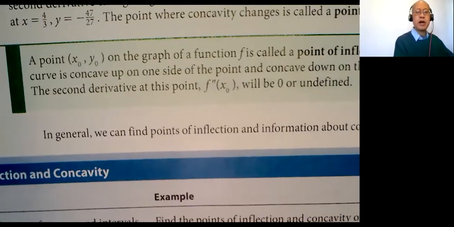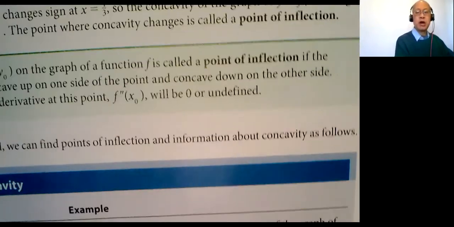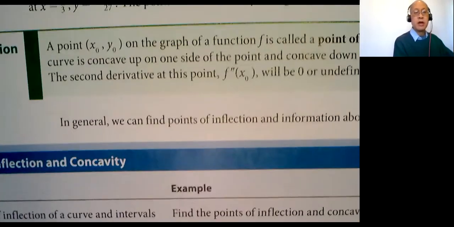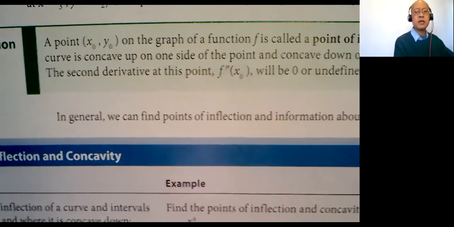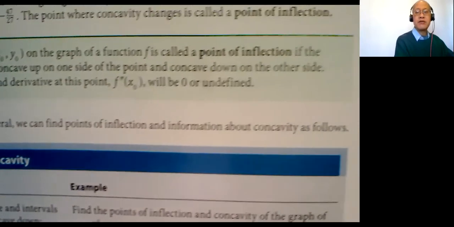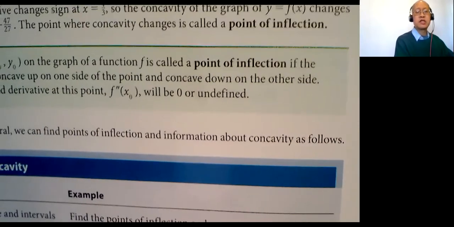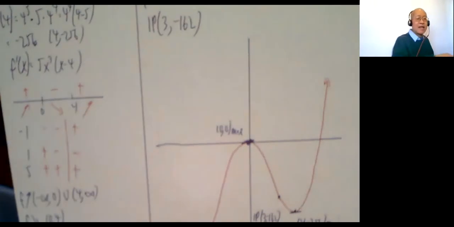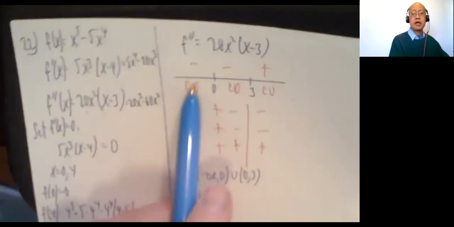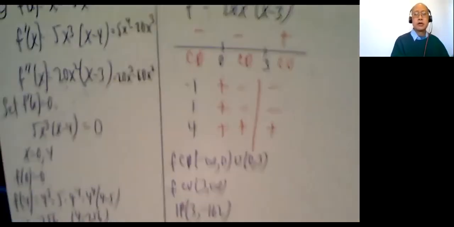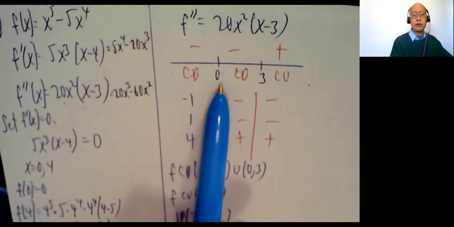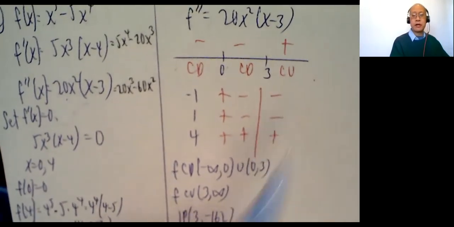A point x0, y0 on a graph is called a point of inflection or inflection point if the curve is concave up on one side and concave down on the other side. So it switches from concave up to concave down or vice versa. That did not happen over here. Right? Concave down on both sides. So technically, we do not have an inflection point here. We have an inflection point right here.